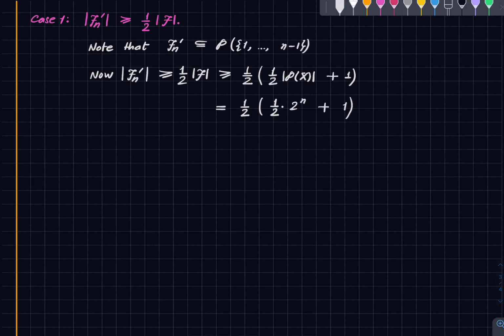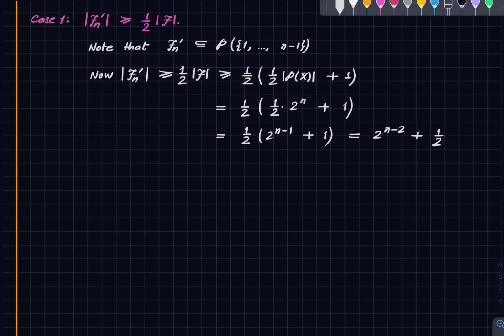So this gives us, this is equal to 2 to the n minus 2 plus half, right?